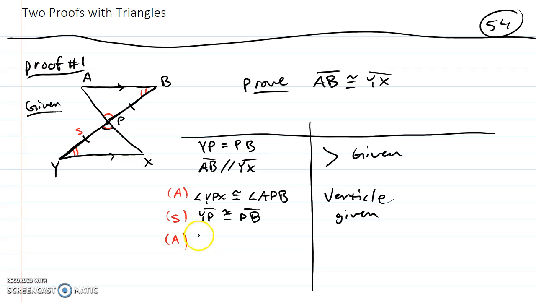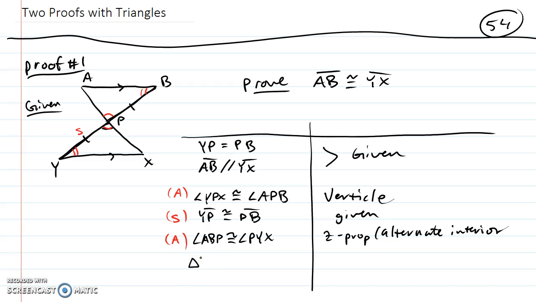For our last angles, we have angle ABP is congruent to angle PYX. Now that was our Z property, or the technical name is alternate interior. Now that means, since we have angle, side, angle, we know that these triangles are congruent.